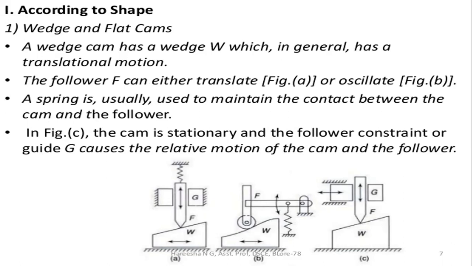So this wedge has a wedge W. We have indicated that these are the wedges. So W is indicated in between, which has a translatory motion. These wedges have the translatory motion, in which it transmits the motion to the follower, and the follower F can either translate or oscillate.